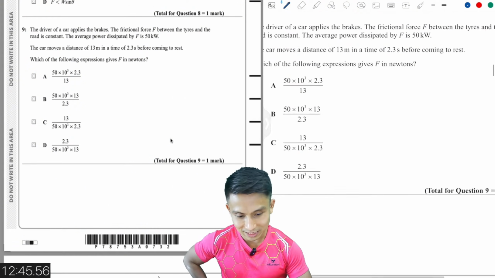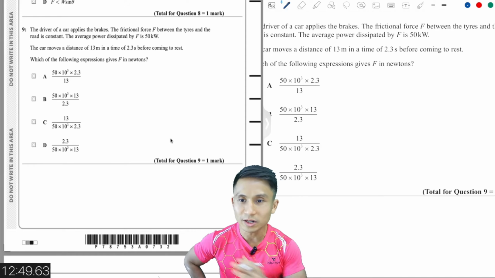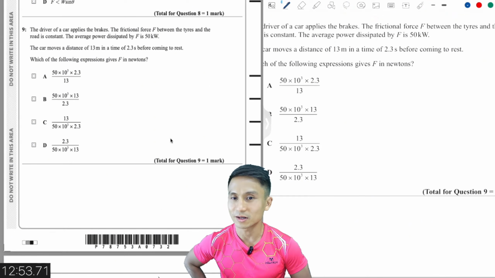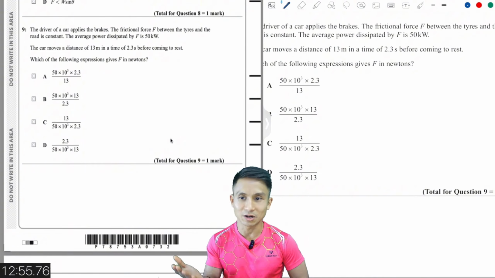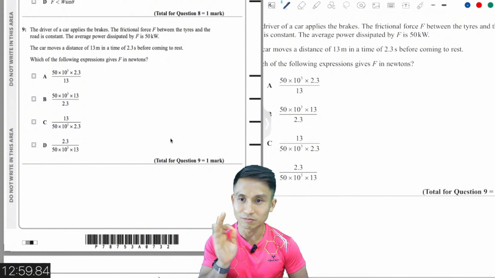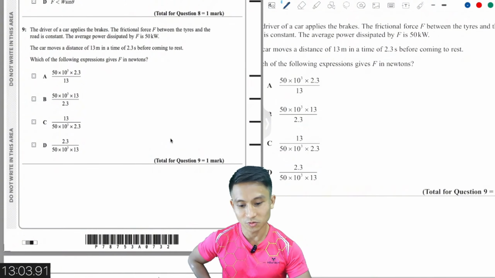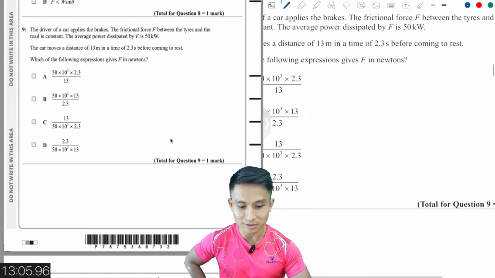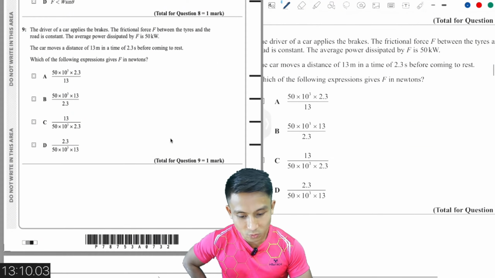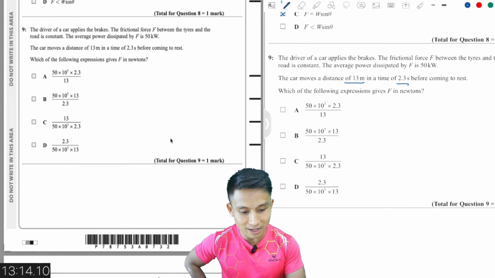Basically, we can do work done equals change in kinetic energy, or we can find the acceleration and then do F equals ma. Let's do the latter because that might be easier for you guys. We have distance 13 meters with time 2.3 before coming to rest.